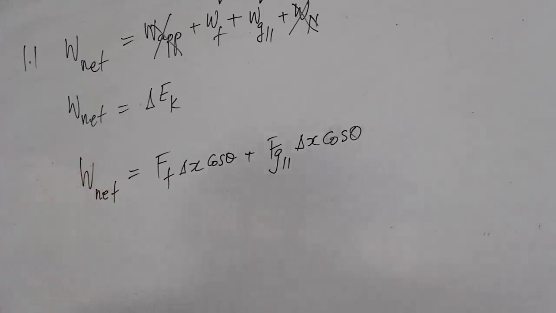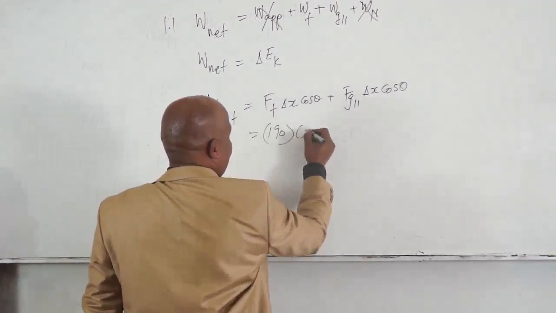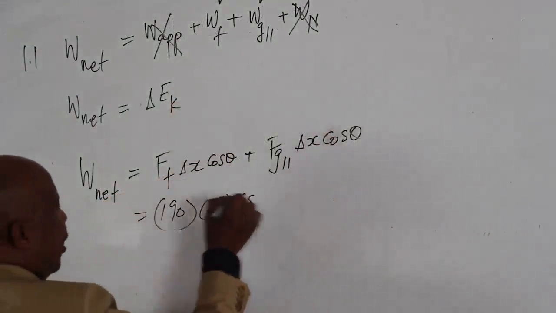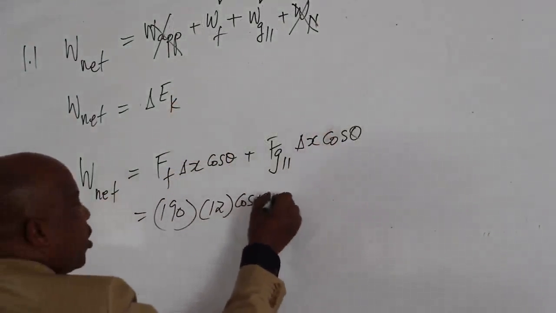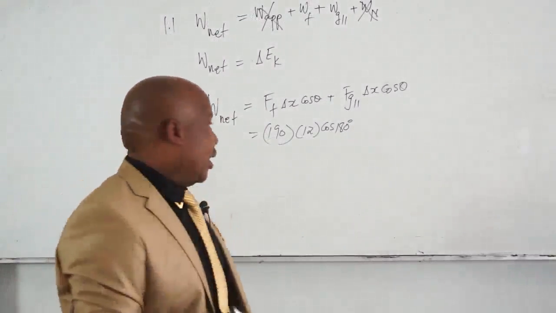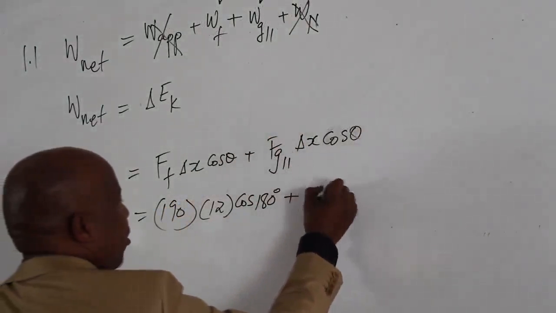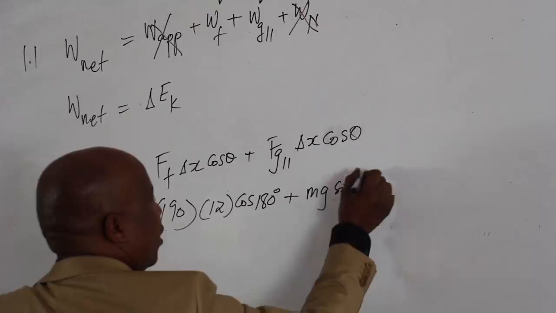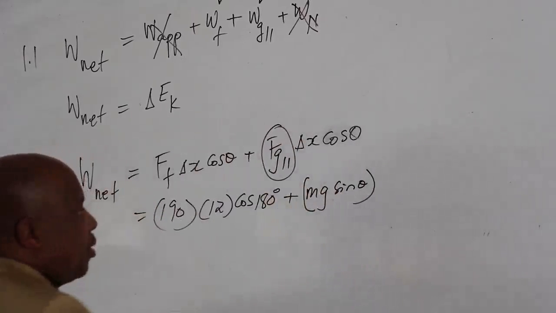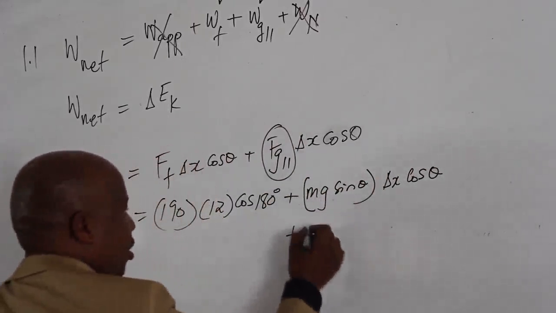What is happening here is the frictional force is given as 190, and then the delta X is given as 12, and then remember friction is the opposite force, so it must be negative 190. Plus, remember FG parallel is the same as mg sine theta. The whole of this is only FG parallel, delta X cos theta. Let's substitute this one.